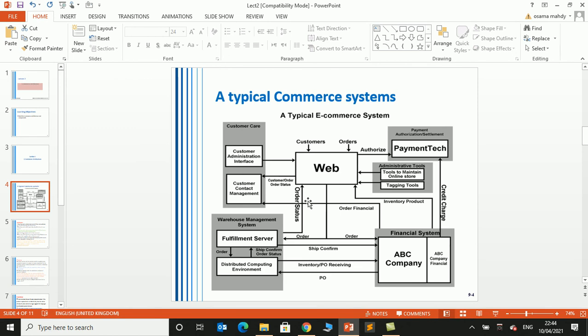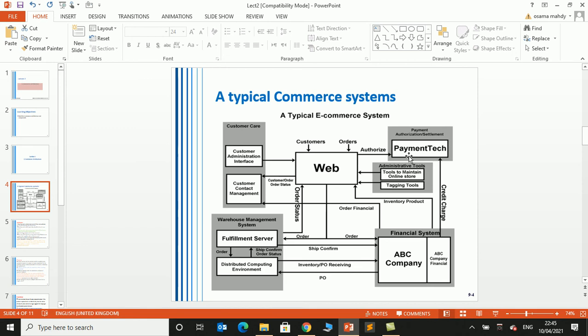That's why we mostly talk about each component standalone. Payment technology, I mean by it the authorization of both partners, the customers and the business.